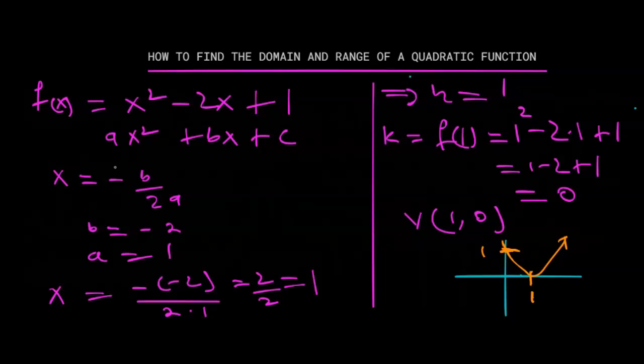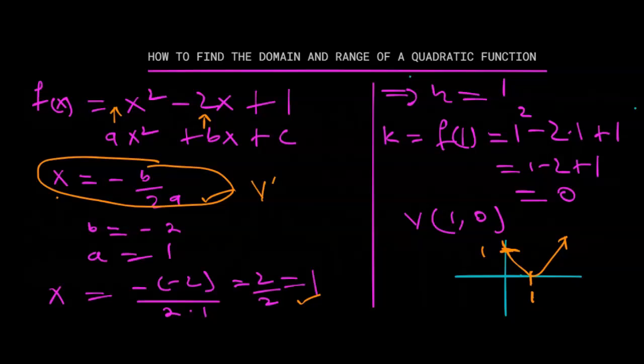Now, f of x equals x squared minus 2x plus 1 when compared with ax squared plus bx plus c. We said that the x component of the vertex is minus b over 2a. And so when we put b to be equal to minus 2, as you can see here, a is equal to 1 here into this expression, then we get x to be equal to minus 2 over 2 times 1, which is equal to 1. And so our h is equal to 1.